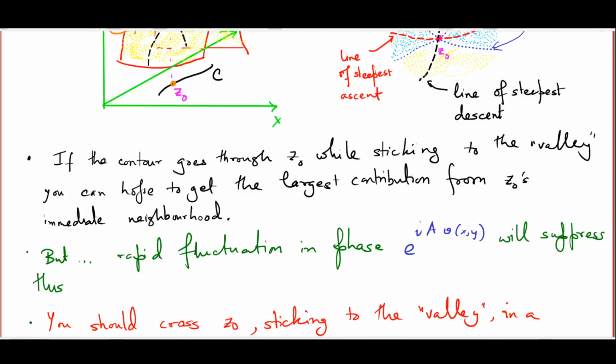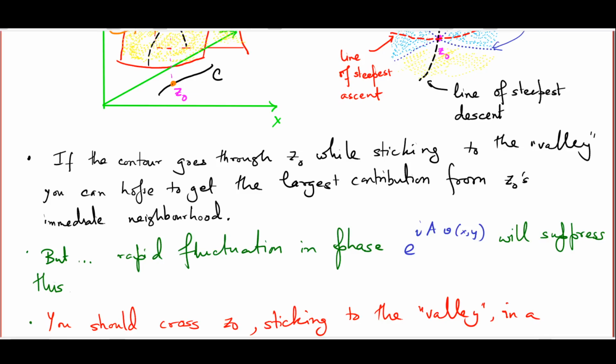However, what is very important is that you must realize that you are not really integrating e to the power a u(x,y). What you are integrating is e to the power a g(z). And here, in addition to e to the a times u(x,y), you also have this phase term e to the i times a v(x,y).